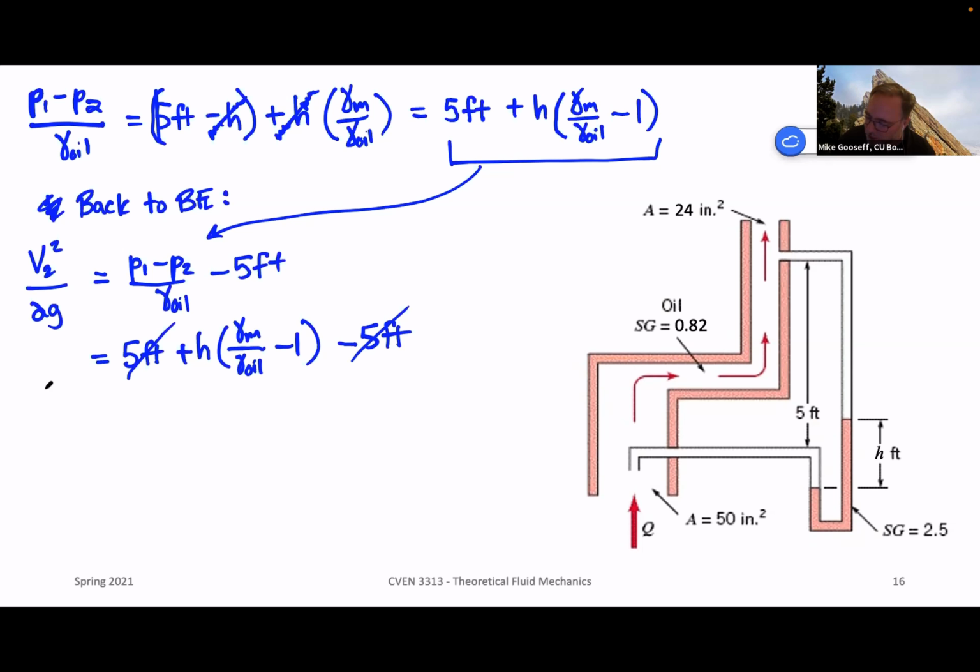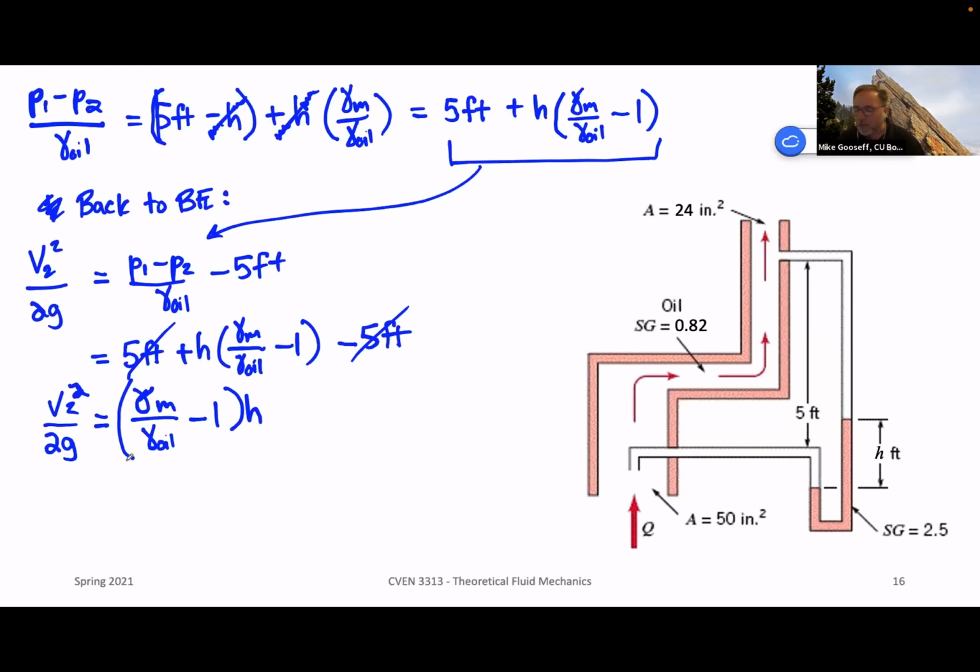V2 squared over 2g is equal to gamma M divided by gamma oil, minus 1, times h.